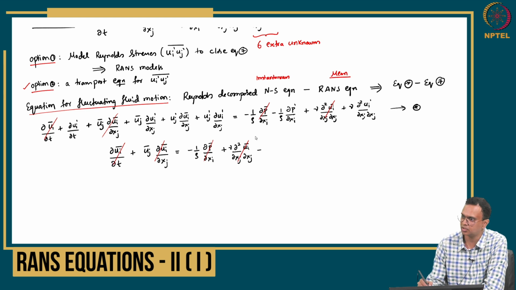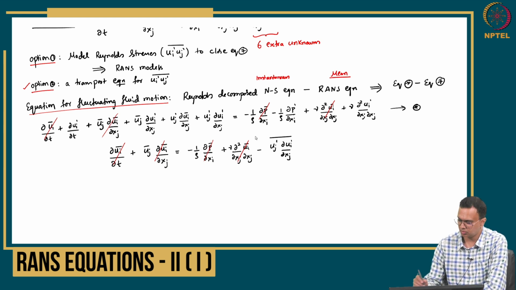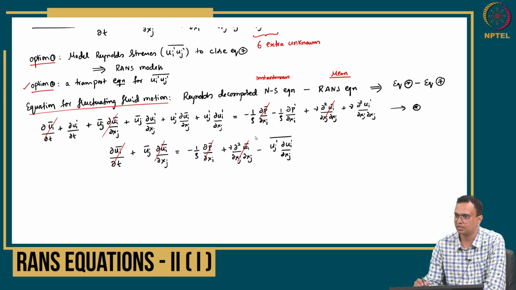Before that it had its own original term, so I'll retain that particular term here, which was uj prime dou ui prime by dou xj average. Upon ensemble averaging you got this term, then you added that trick using continuity plus 0 to push this inside using chain rule. So I am retaining the original form.